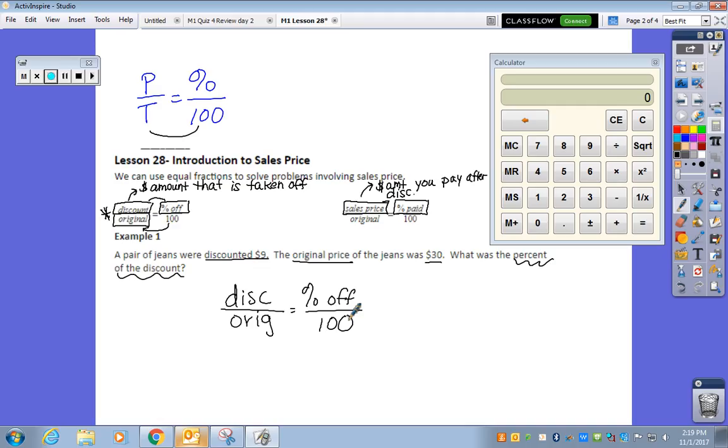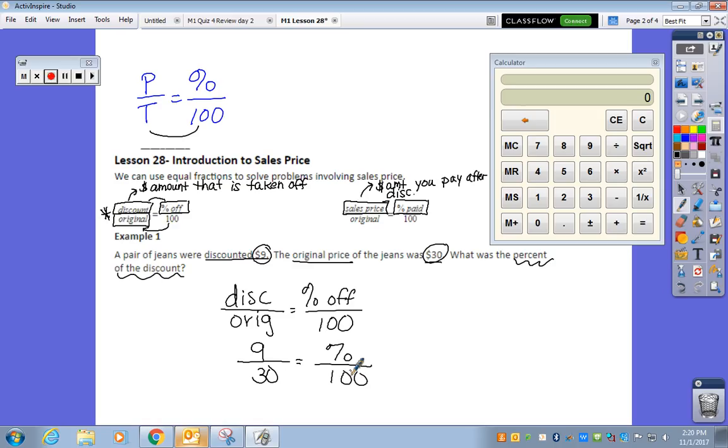Percents are always over 100. 100 should always be across from the original price, and percent off and the discount should always be across from each other. So the discount here is $9. The original price is $30, and I'm just pulling these numbers straight from the problem. And we're looking to see what percent of 100 that is.